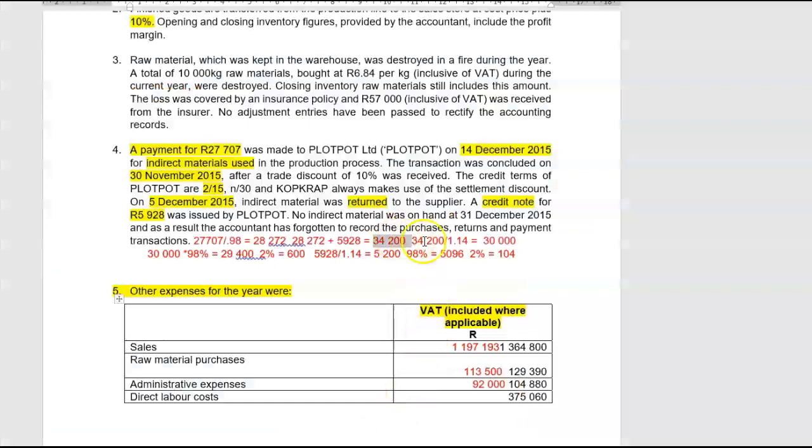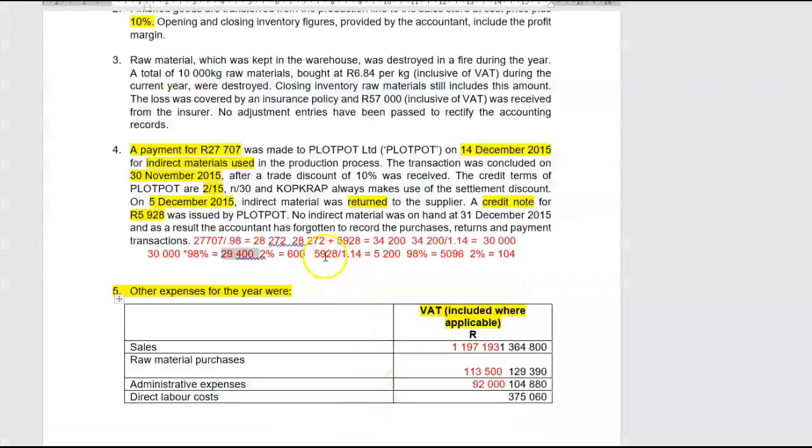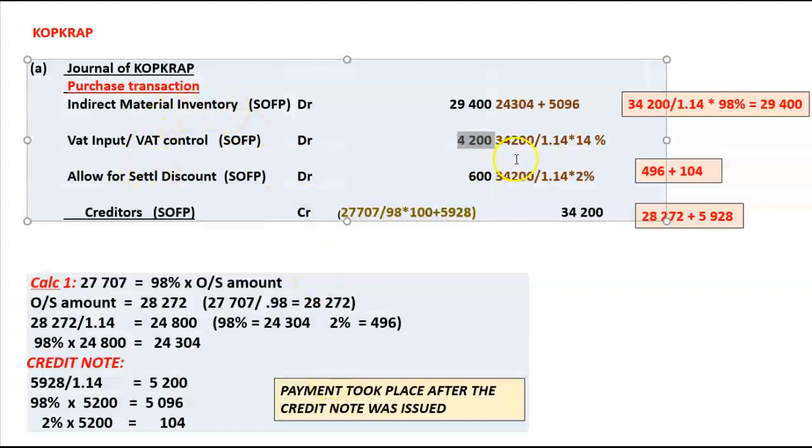What was the VAT exclusive amount? 30,000. If broken down, 98% would have gone to indirect materials, 29,400. So debit indirect materials, 29,400. 2% of the VAT exclusive amount, there it is, would have gone to our allowance for settlement discount, 600 Rand. So allowance for settlement discount debit, 600 Rand.